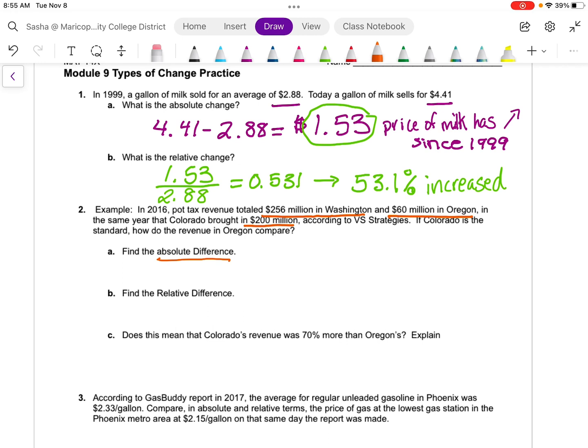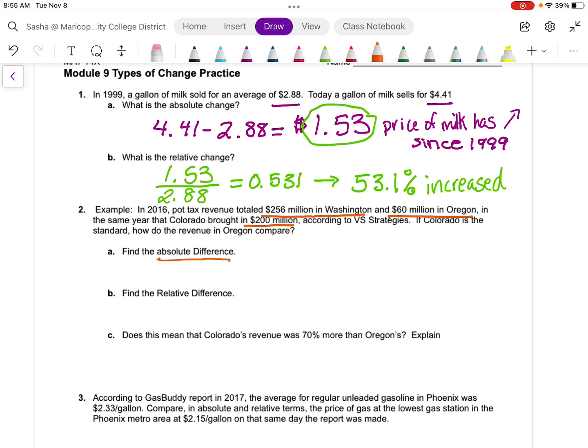With an absolute difference, I'm comparing two separate entities and looking at their difference in price or revenue or cost or heights or whatever else I'm measuring.